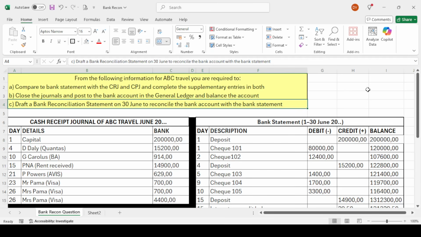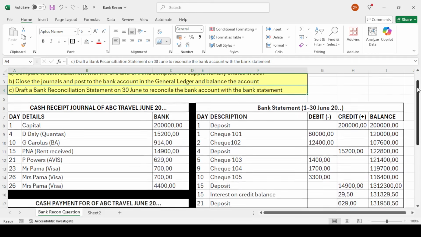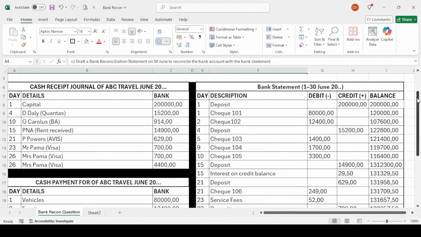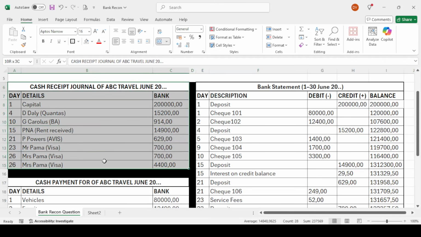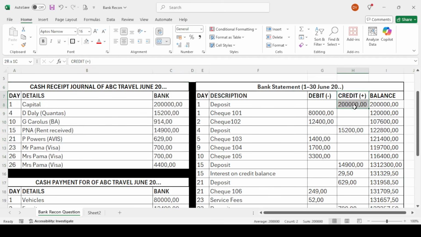Okay, so literally what you will do is you will check each amount individually if you see it on the bank statement. So you can start with your cash receipt journal. Now remember, this is money that we've received, and that is why when you look for it on the bank statement, you're going to look for it on the plus side of the bank, which is the credit side.